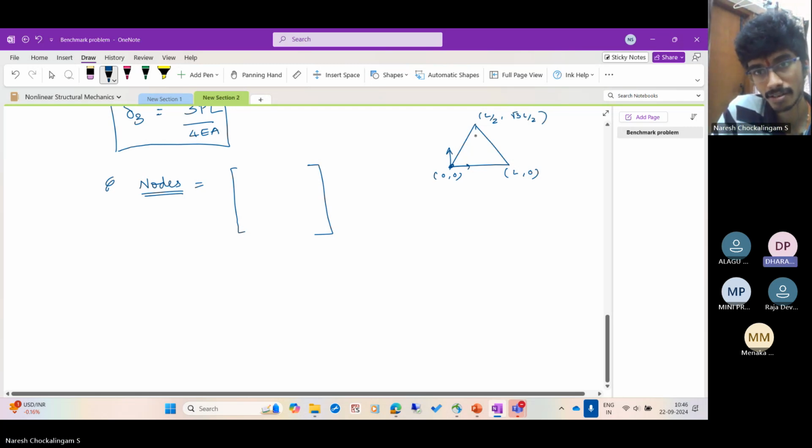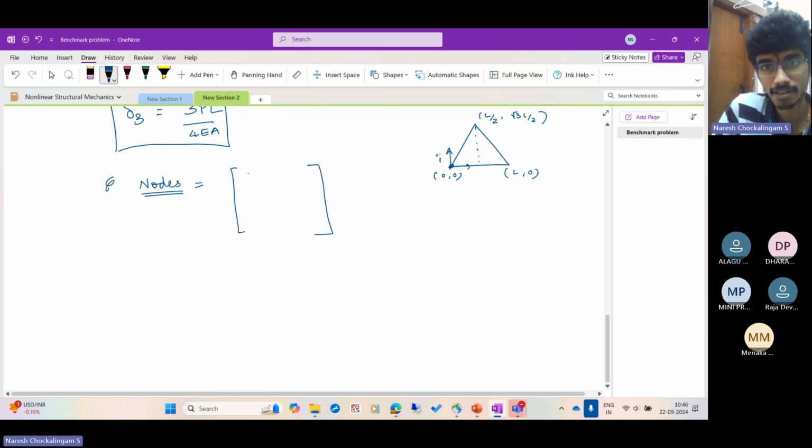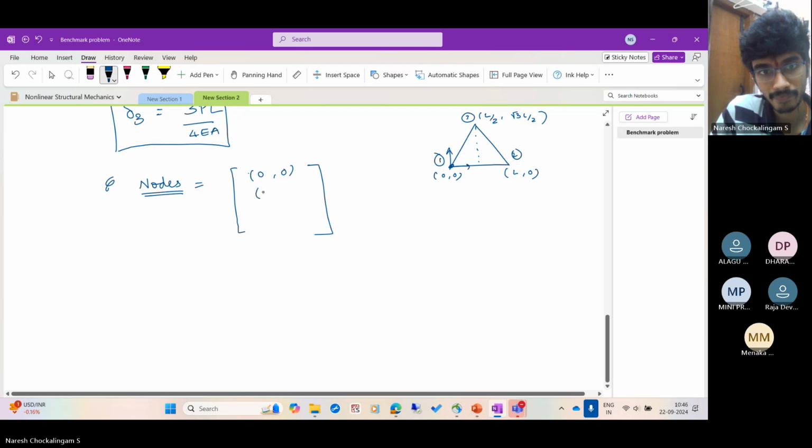Right? This is the height of the equilateral triangle, so it is root 3 L by 2. So the nodes matrix will be, this is first node, this is second node, this is third node. It will be 0, 0, L, 0, and L by 2, square root of 3 by 2.